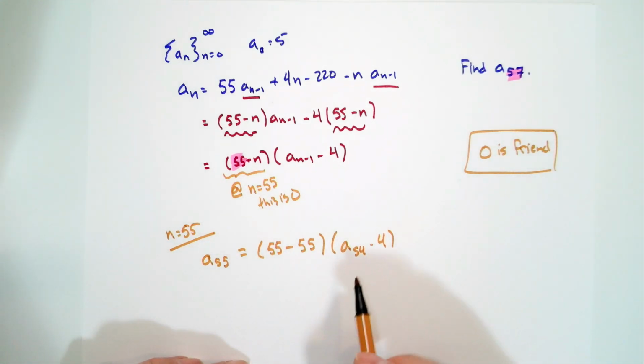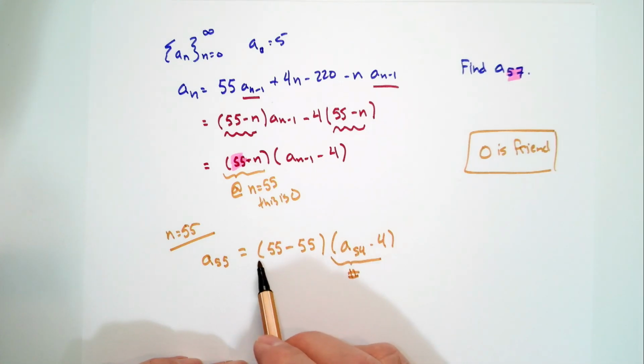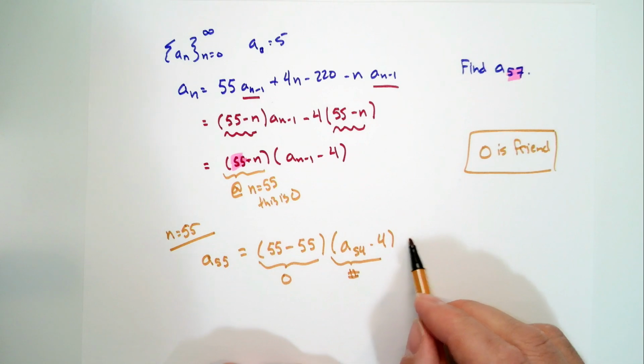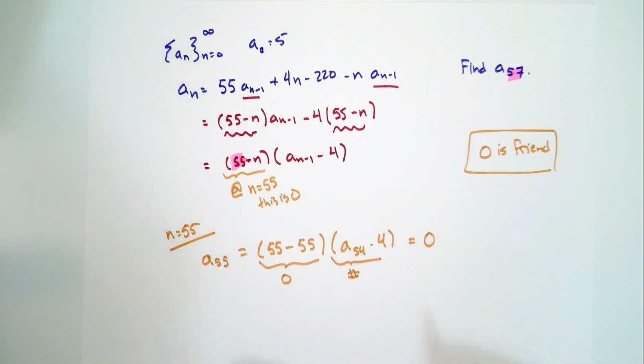I don't. But I know this is a number and this is 0. And multiplication by 0. Wow. Powerful stuff. 0 times anything is 0. So we get to sort of skip a lot of work and say, hey, if I start at 55, I have 0.